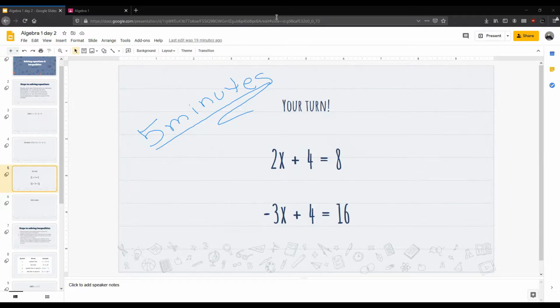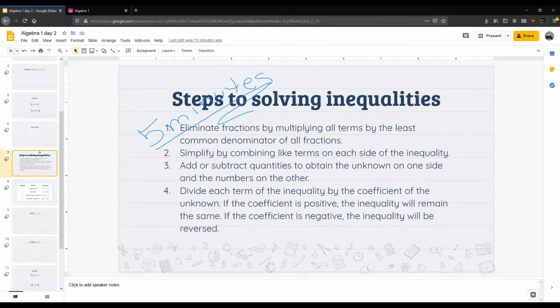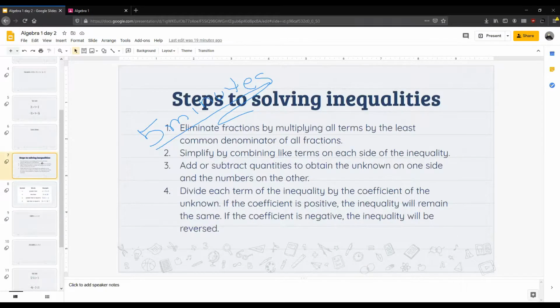Fantastic. Okay, now we are going to learn to solve inequalities. So these are the steps to solving inequalities. We would have to eliminate the fractions by multiplying all terms, if there are fractions, of course. Sometimes inequalities don't have fractions.